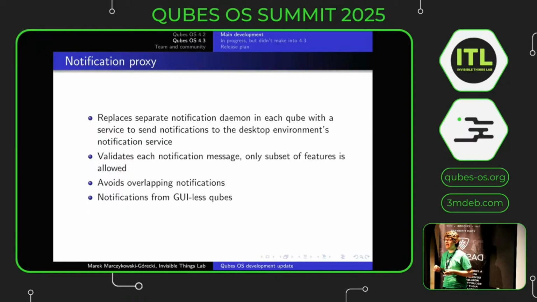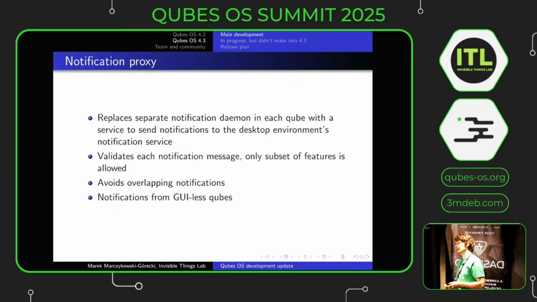It's fine, but if, for example, two Qubes are trying to display a notification at the same time, they don't know anything about each other, so they will display the notification in the same place. This is also problematic with the upcoming Wayland migration, because those notifications are a weird type of window with the override-redirect flag, which is not supported on Wayland.